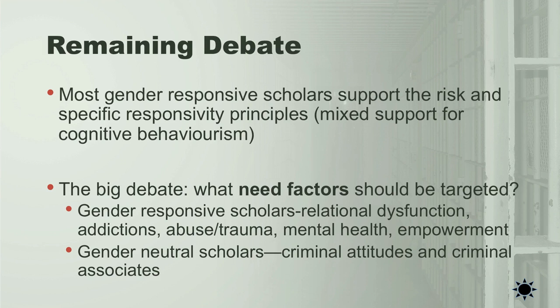I would have to say that the big remaining debate in this area is what are the need factors that should be targeted for women offenders? What are the risk and need factors, right? Gender-responsive scholars put a lot of emphasis on relational dysfunction, addictions, abuse, trauma, mental health, the need to empower women. Whereas those things, with the exception of addictions, aren't really big on the radar. They're not part of the big four in the gender-neutral world, right?